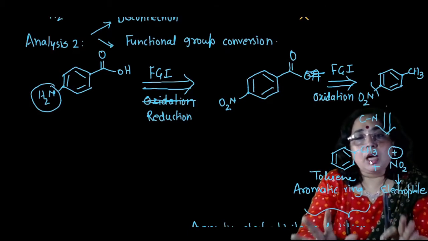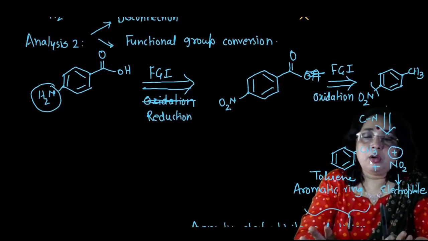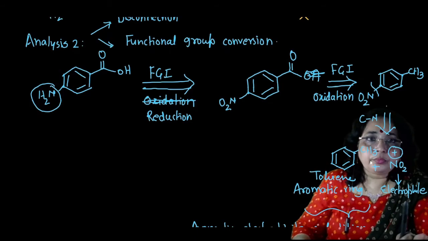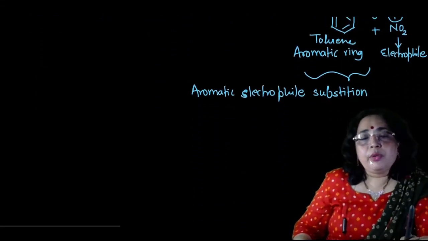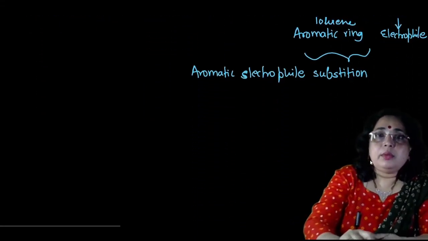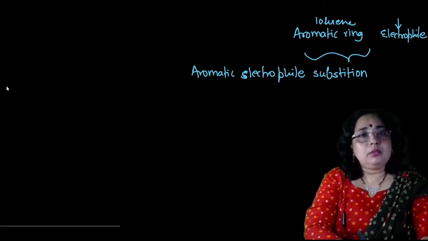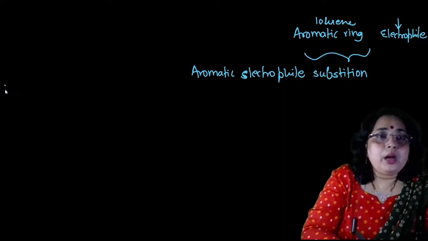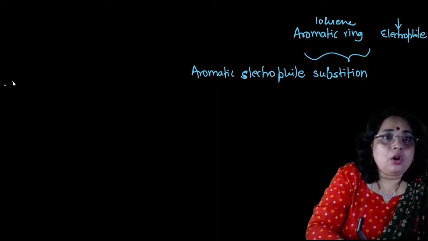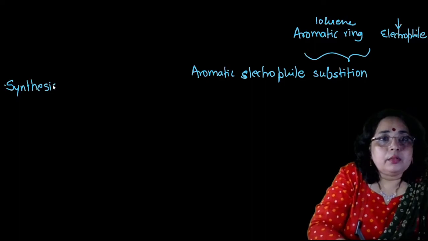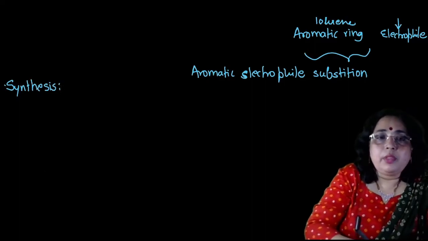Now let us start the synthesis part of this molecule. Let us verify whether our retrosynthetic analysis is carried out in the right direction or not. So here the synthesis part should be there.